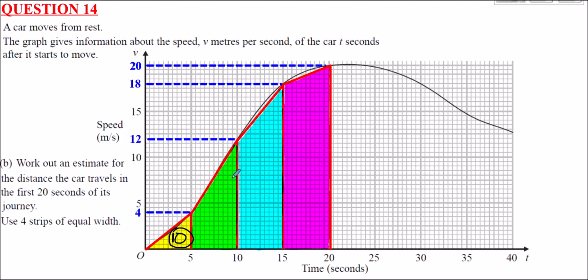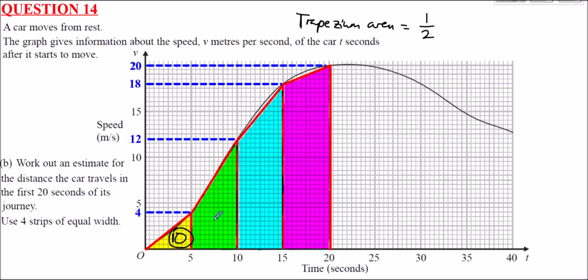Now this strip here isn't a triangle, nor is it a rectangle, it's a trapezium. So what we need to do is remember the area of a trapezium. Trapezium area is half of the 2 parallel sides added together.